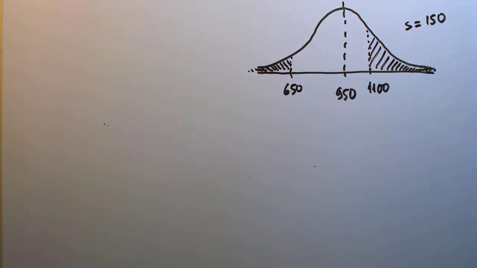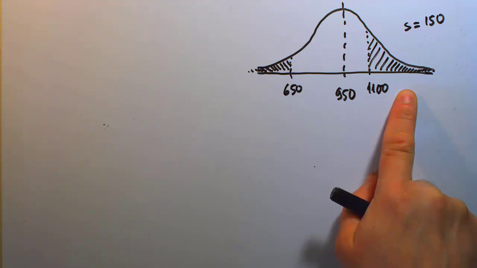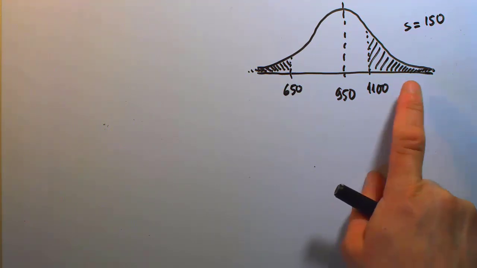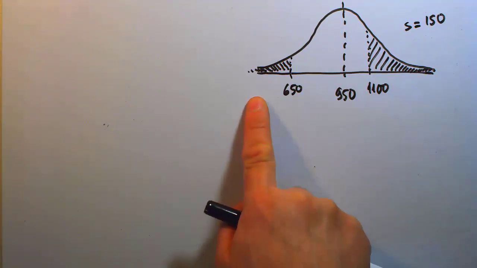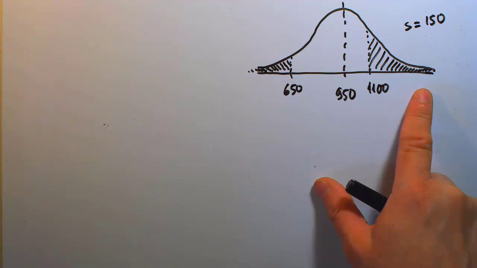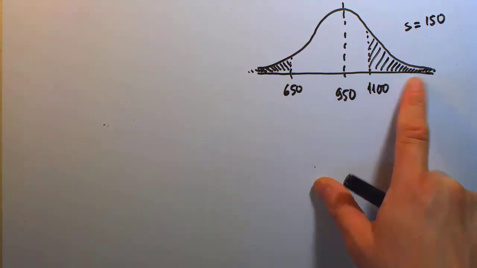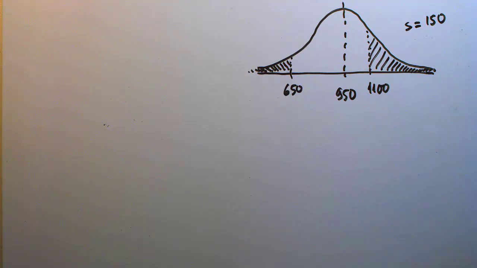So this is indeed two separate intervals. We want to consider those scores above 1100 or below 650, and that's why we created a drawing with two disconnected areas.